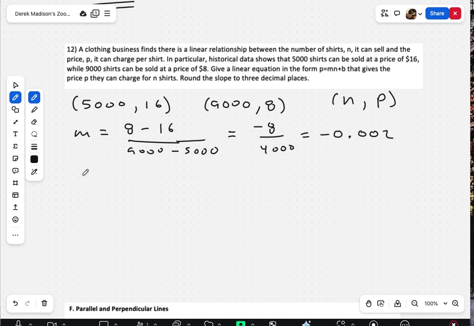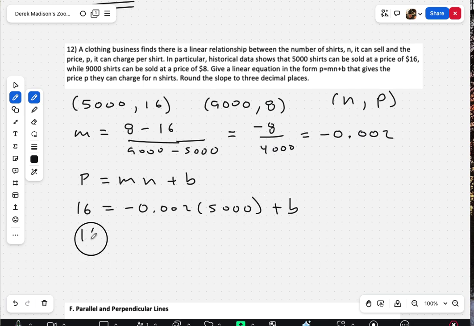And now that I have a slope and a couple of points to choose from, I'll just plug those into slope-intercept form. In this case, this is P equals m n plus b, and we're solving for b. P is our price, so I'm going to use this point. It doesn't matter which one we use. 16, m is our slope, so that's -0.002, and n is our number of shirts, that's our 5,000, plus b.